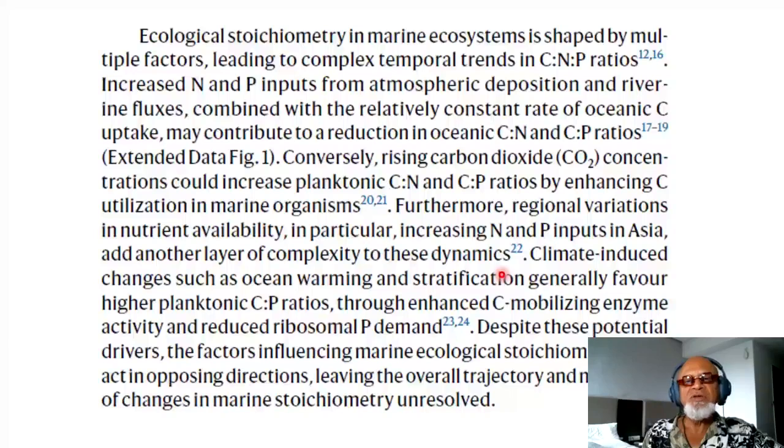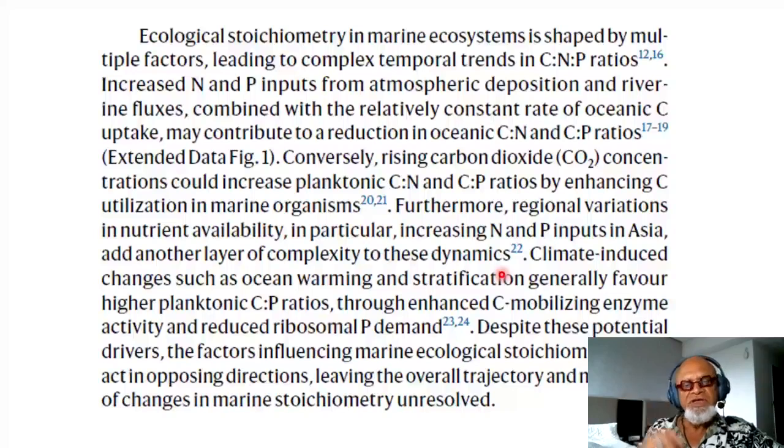Ecological stoichiometry in marine ecosystems is shaped by multiple factors leading to complex temporal trends in C to N to P ratios. Increased N and P inputs from atmospheric deposition and riverine fluxes, combined with the relatively constant ratio of oceanic carbon uptake, may contribute to a reduction in oceanic C to N and C to P ratios.